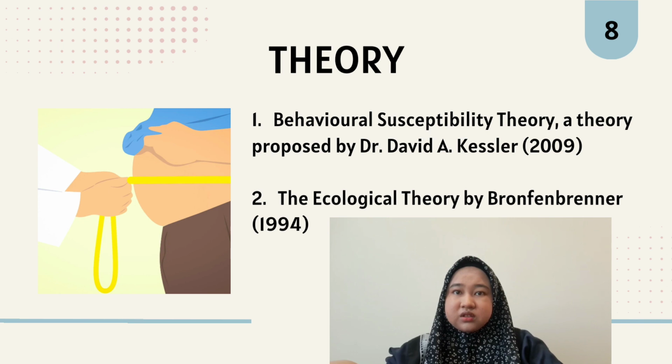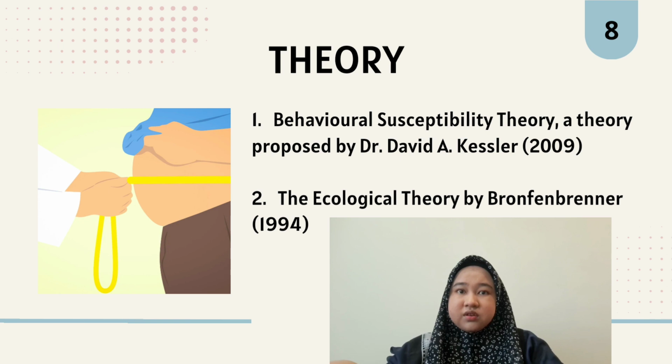An ecological theory is excellent for investigating the elements that contribute to obesity. According to Bronfenbrenner, an individual's ecological factors must be considered in order to effect a change in the person's health.